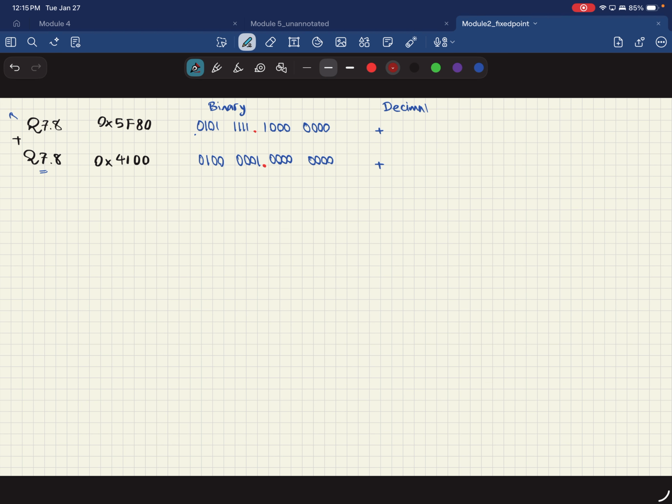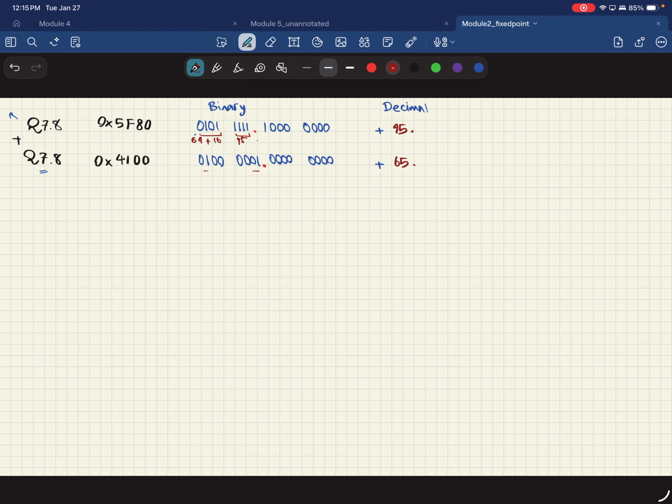The integer of this one is 95, which is 15 plus 16 plus 64, and here we have 64 plus 1, which is 65.